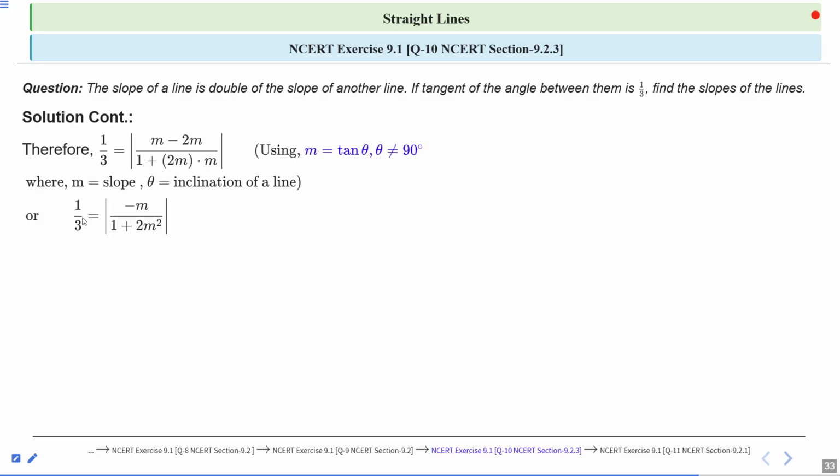Simplifying, 1/3 is equal to the modulus of (minus m) divided by (1 plus 2m square), so 1/3 equals minus m over (1 plus 2m square), or 1/3 equals m over (1 plus 2m square).